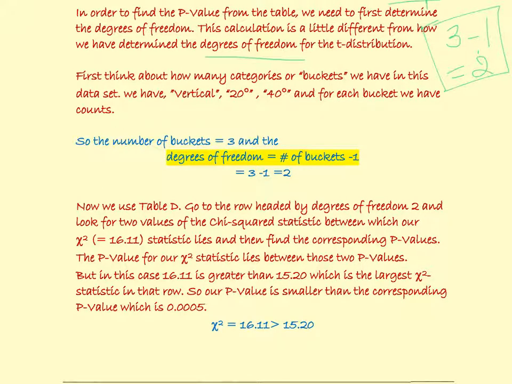Now we take the chi-squared statistic along with the degrees of freedom, which is 2. Our chi-squared statistic is 16.11, and look for it in the chi-squared distribution table, which is table D. Now you'll notice that the largest number that you see in the row headed by 2, which is the degrees of freedom, is 15.20.